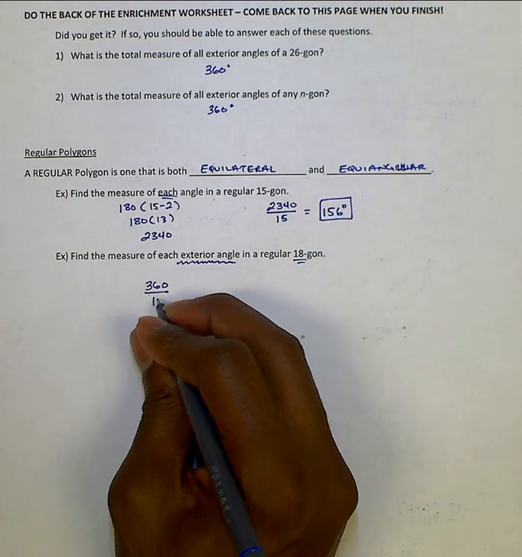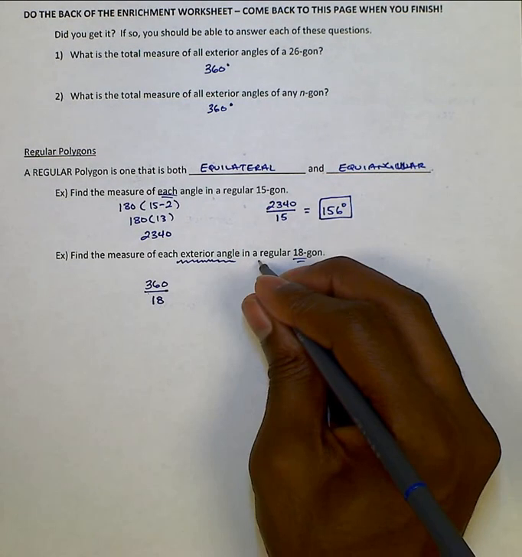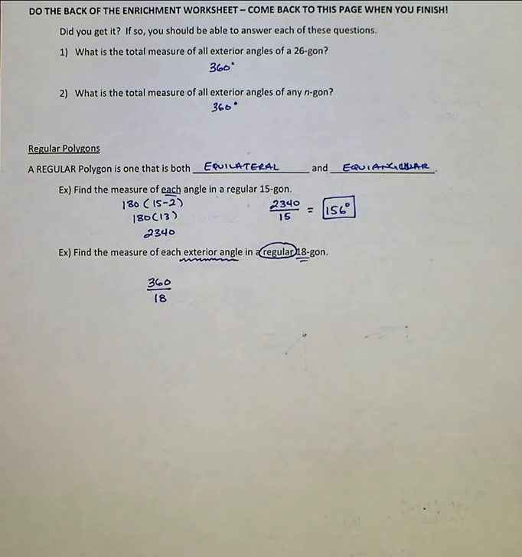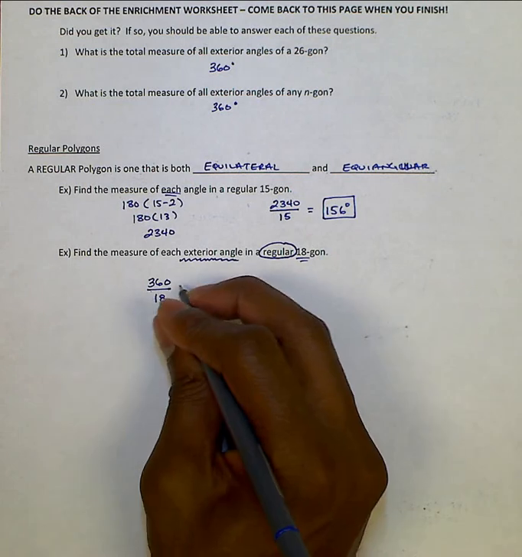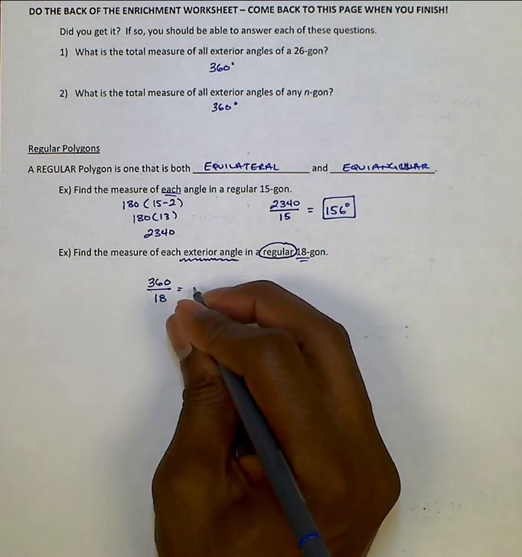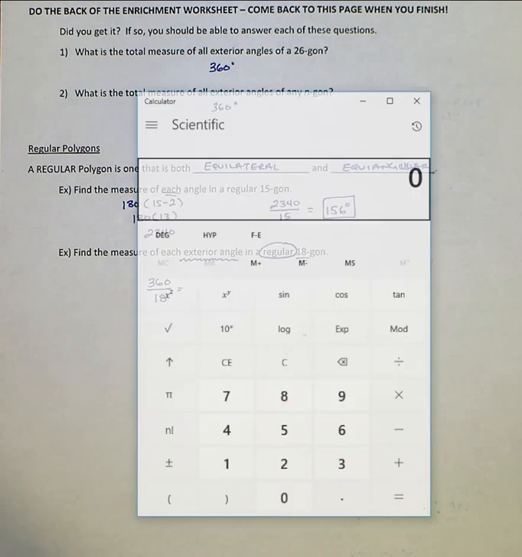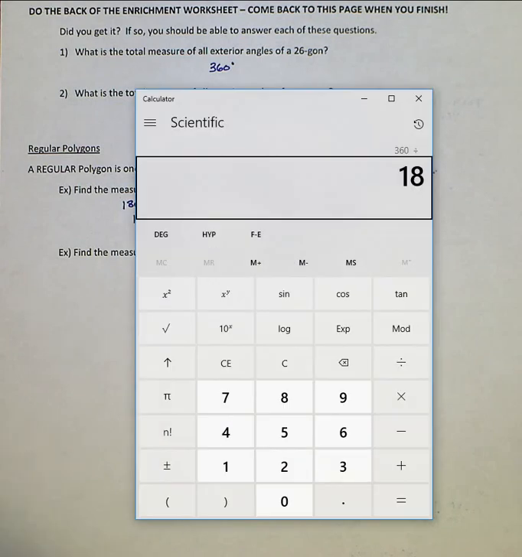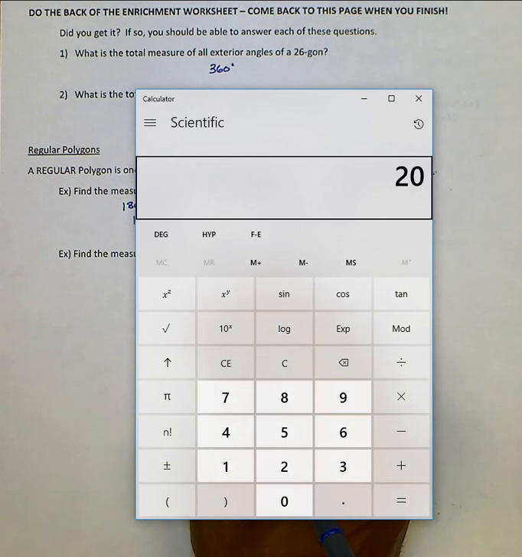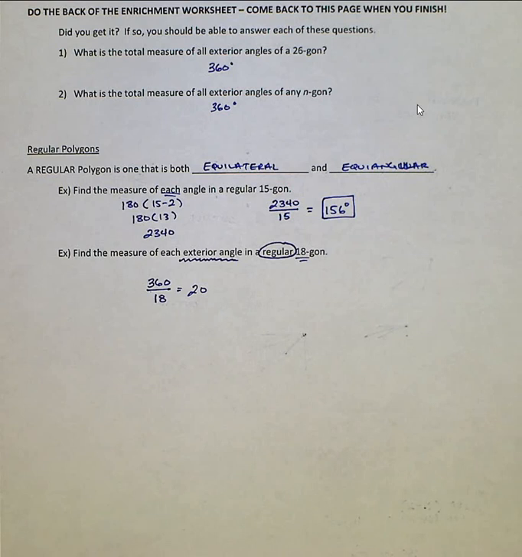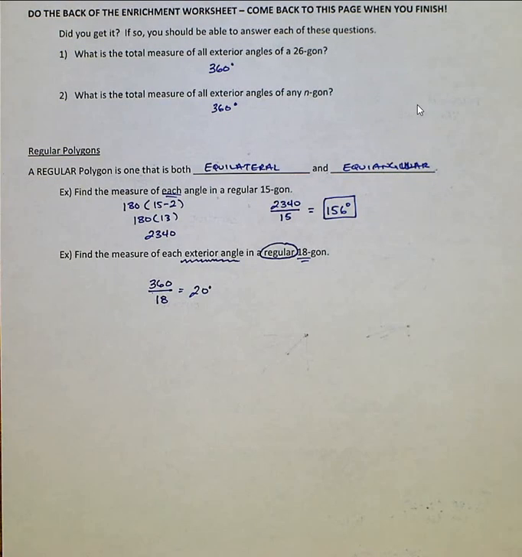Since it's regular, meaning all the angles are the same, all the exterior angles will be the same as well. So 360 divided by 18, that probably gives us 20, but I'll use my calculator, which will give us 20 degrees. Can I make that calculator smaller next time? Okay, so each exterior angle for a regular 18-gon is 20 degrees.